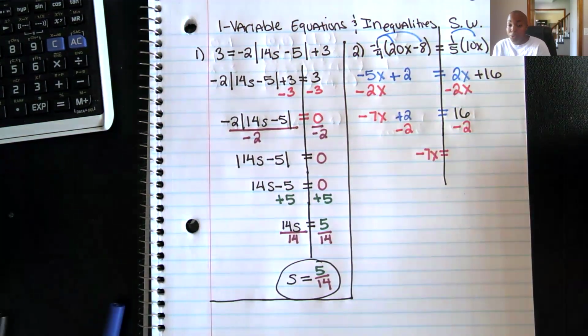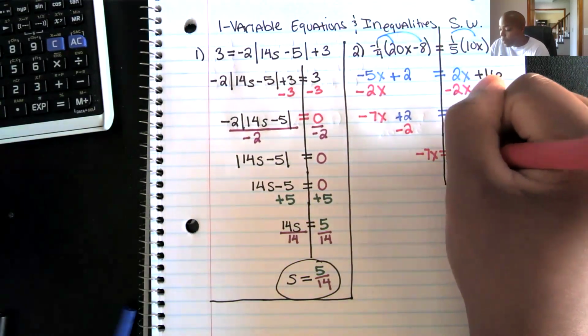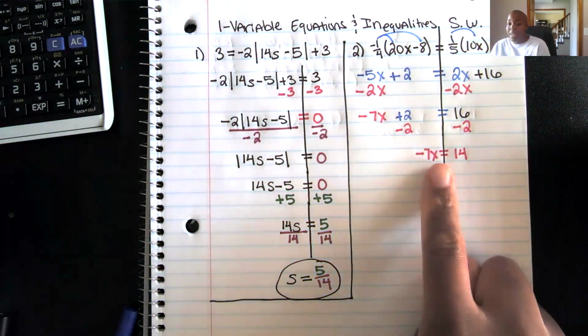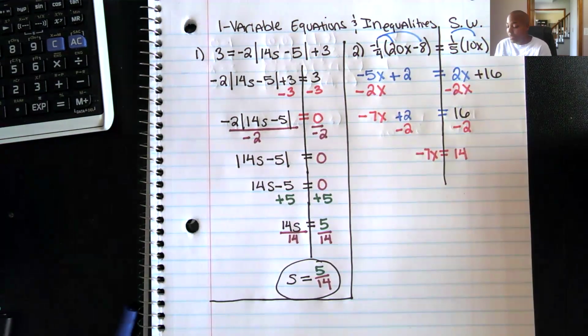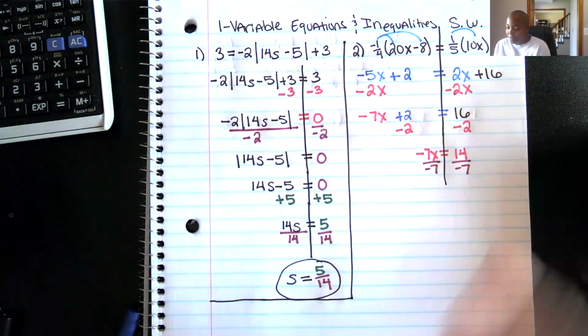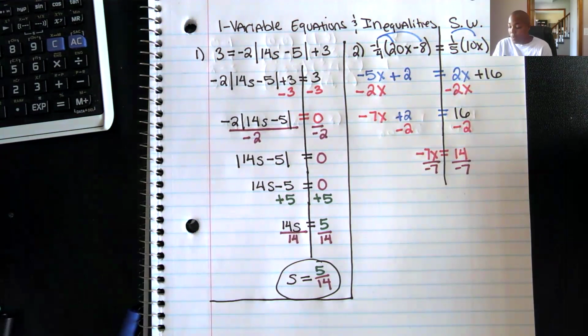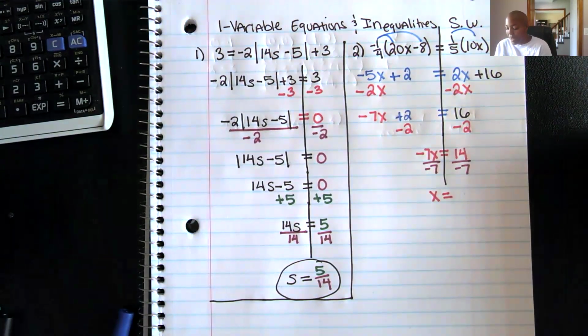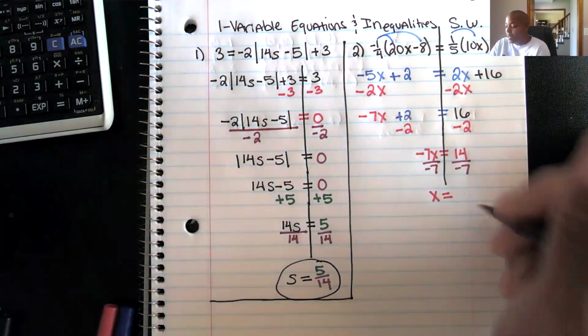On the right, we need to subtract 16 minus 2, which is 14. And then our last step to get x by itself is to divide both sides by -7. And then that will give us our answer for x. X is equal to 14 divided by -7, which is -2.